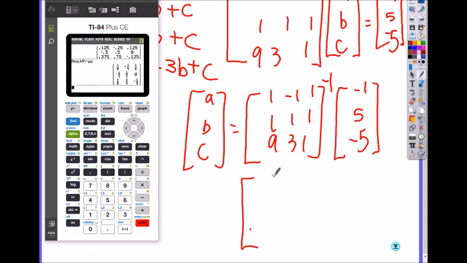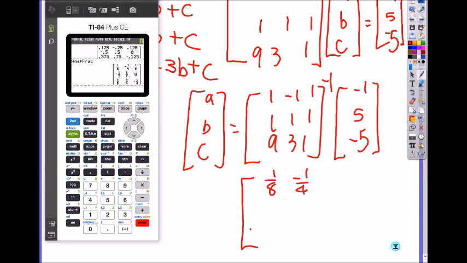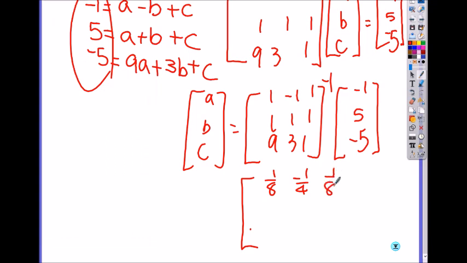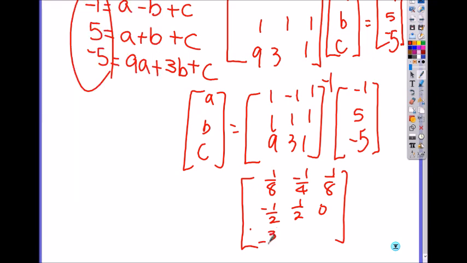So it's 1/8, negative 1/4, 1/8, negative 1/2, 1/2, 0, 3/8, 3/4, negative 1/8.